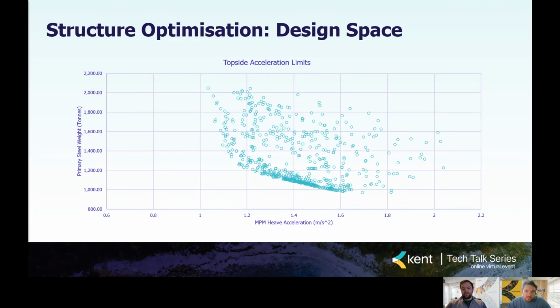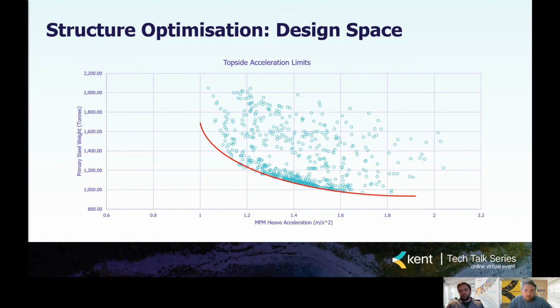So initially, the distribution of designs will have been pretty random, and you can see all the designs off to the right-hand side. And each of these would work, but they're not very optimal. So as the software learns what produces the optimum design, it begins to cluster around that area and produces the Pareto front, which Ed introduced to us.